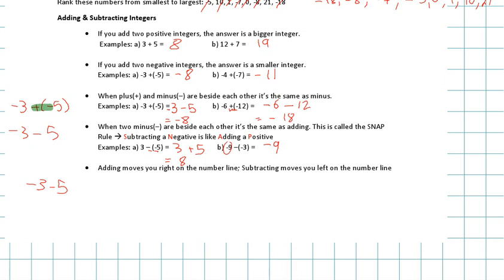So that's negative 6. It's easier to do this, right? To change your negative and negative to positive, and then find the answer.